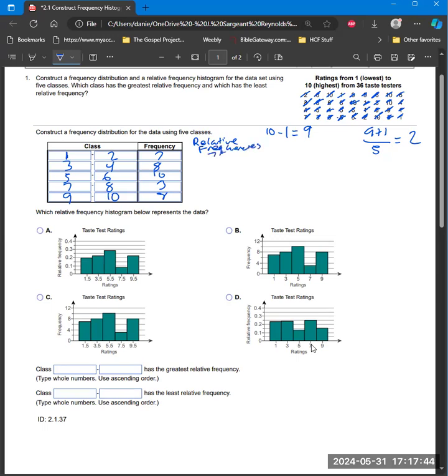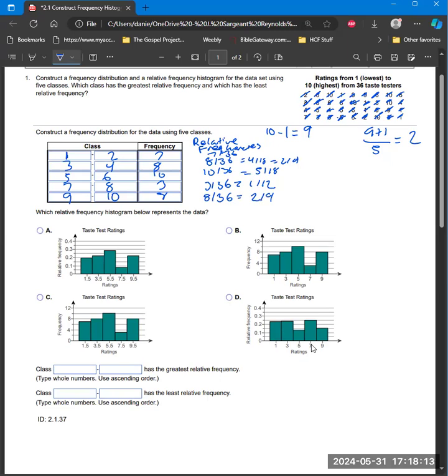So this is 7 out of 36, 8 out of 36, 10 out of 36, which is 5 out of 18. This is 3 out of 36, which is 1 out of 12. And this is 8 out of 36, which is 2 out of 9.